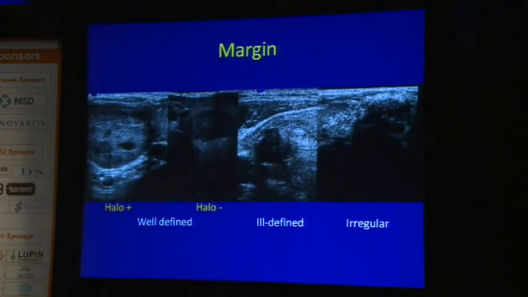The margin of the thyroid nodule is described as being well-defined, ill-defined, or irregular. It's called a well-defined margin when the lesion has a well-defined interface with the surrounding thyroid. It may or may not have a halo sign around it. Ill-defined margin is where the margins are fuzzy, and irregular is when the margins are spiculated.